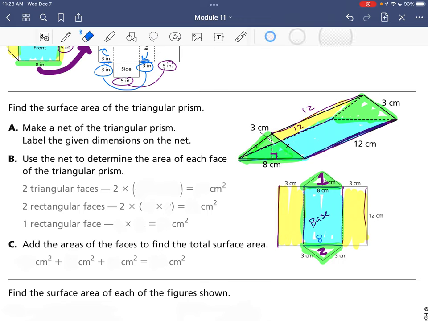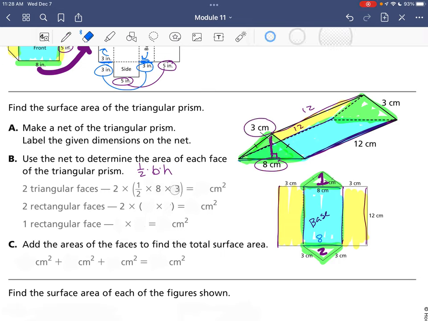And then the formula for the area of a triangle, 1/2 base times height. So we have that here, 1/2, and then our base times your height.